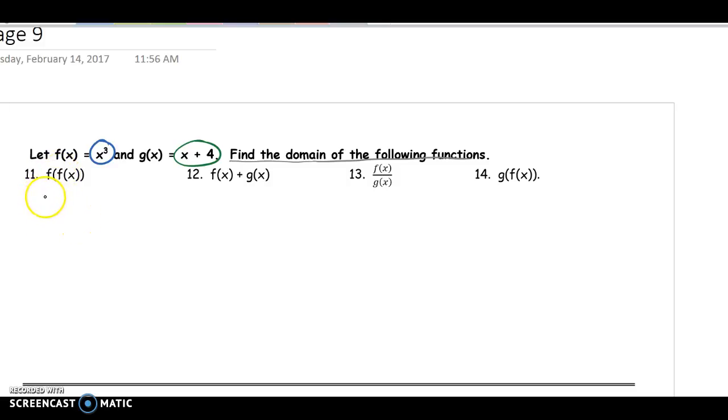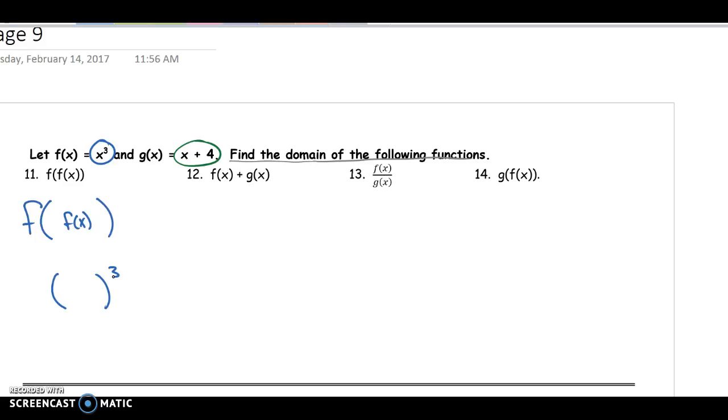Our f function is x to the third. First I'm going to rewrite it this way, f of f of x, to kind of show myself the hole that I'm plugging things into. So our f function is x to the third, so I'm going to put parentheses to the third. Does everyone agree that our f function is something raised to the third?